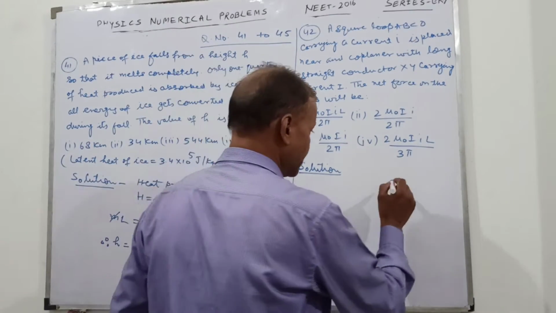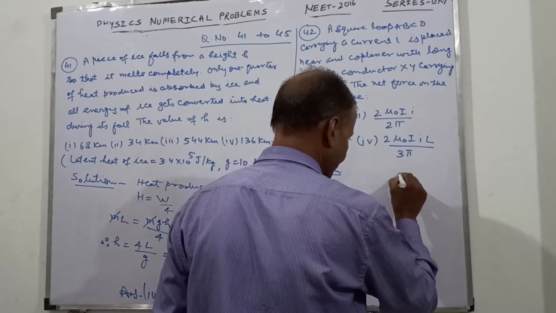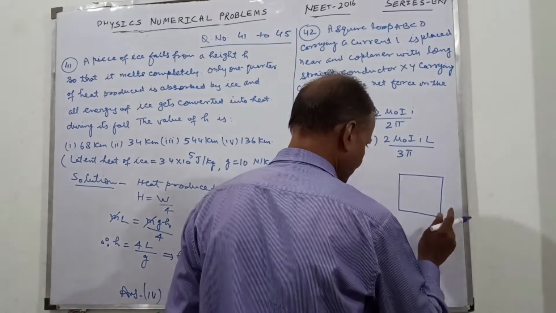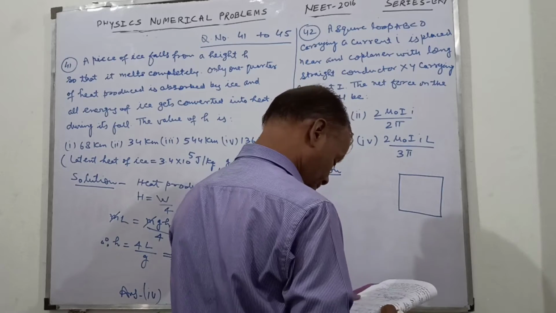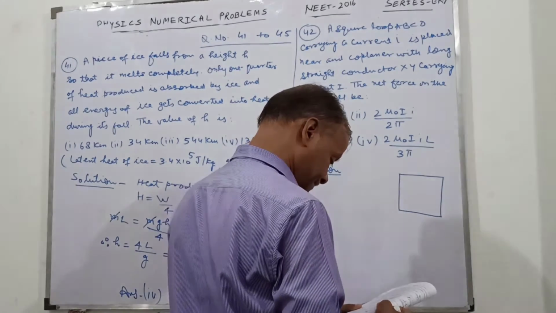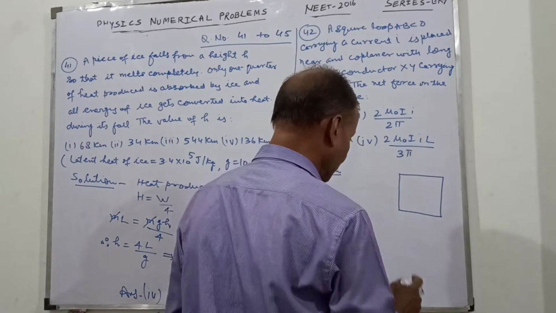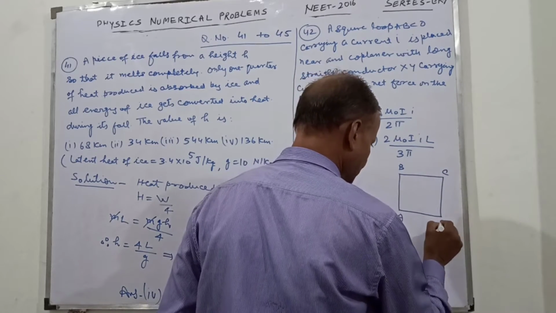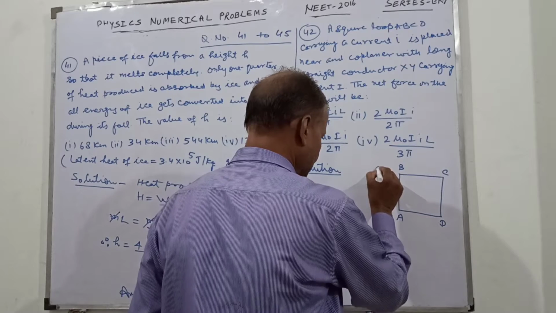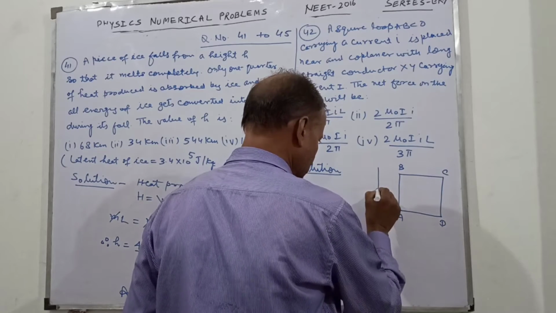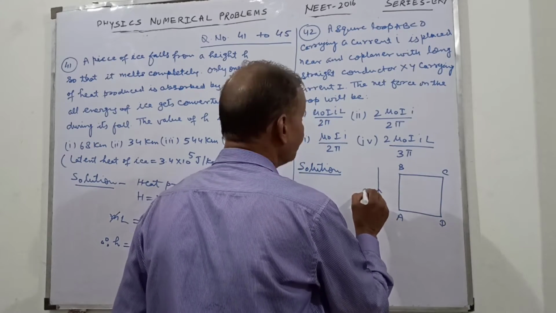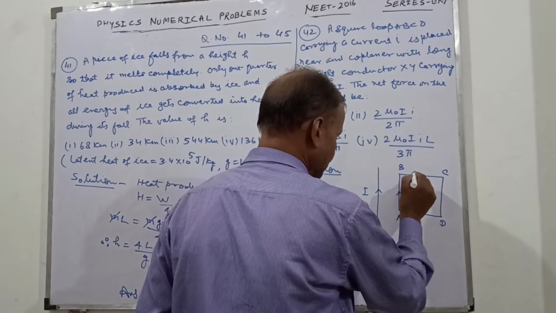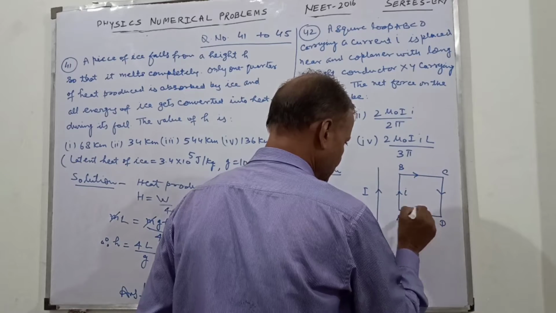So from ourselves, this is now your conductor, A, B, C, D. This is a long conductor carrying the current I, like this, in this way.